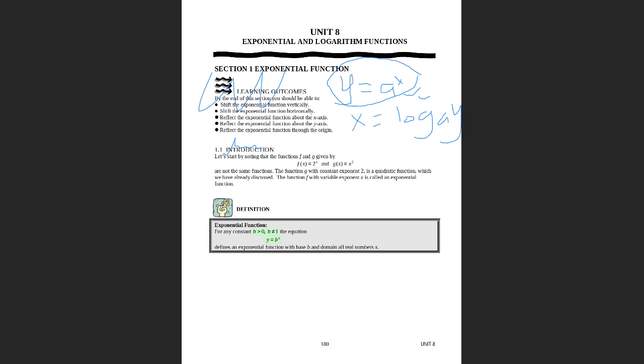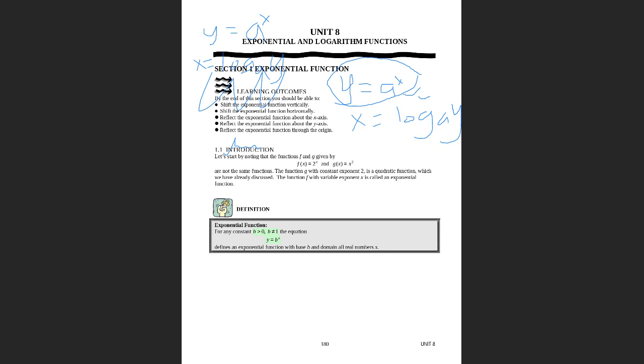So, as I said, an exponential function is always written as y equals a exponent x. Then an exponential function can be converted into a logarithmic function. We start from here and write it like this: x will be equal to log a y.